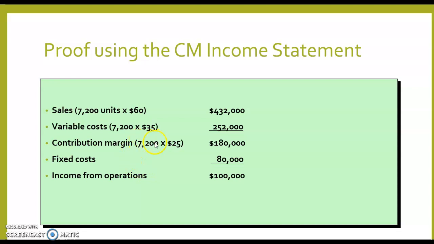We could also take the 7,200 units times the contribution margin for 1 unit of 25, and that would also give us the 180,000. Then we subtract off the fixed cost, which was 80,000, and that gives us operating income of 100,000, and that's what we wanted. So we've now proved that the 7,200 units is the correct number.